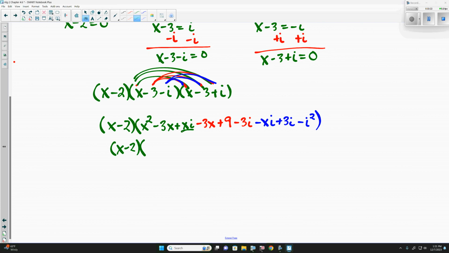Now, if we combine like terms, xi minus xi is 0. Negative 3i plus 3i is 0. Well, i squared, by definition, is negative 1. So really what we have here is minus negative 1.